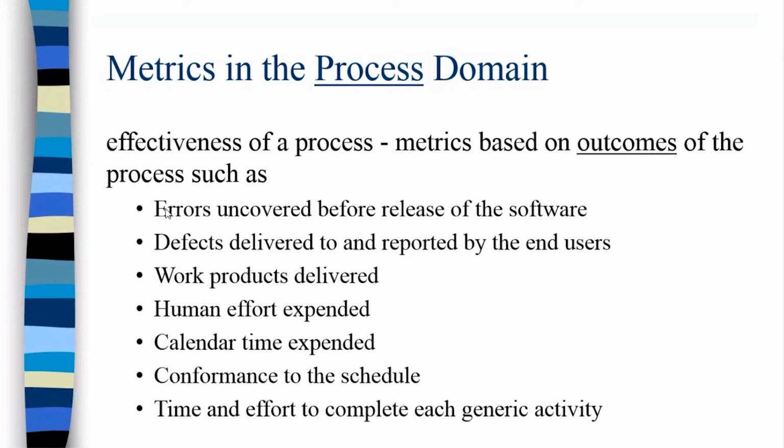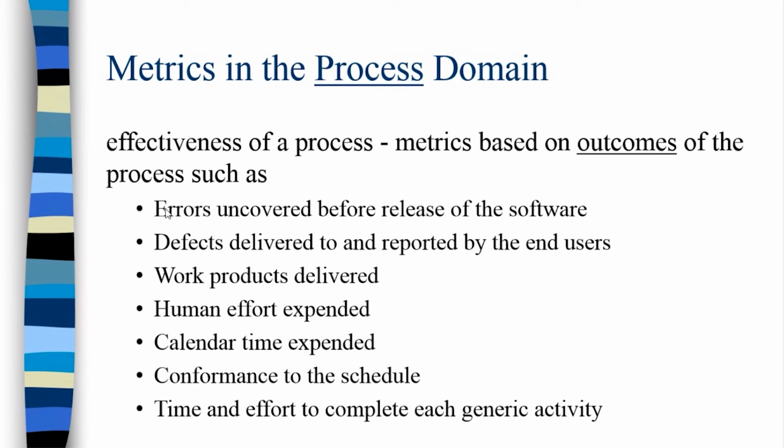So one way is to measure the specific attributes of the process, and then you can develop a set of meaningful metrics based on those attributes. You can use those metrics to provide indicators that can ultimately lead you to a successful strategy so that you can improve your process.